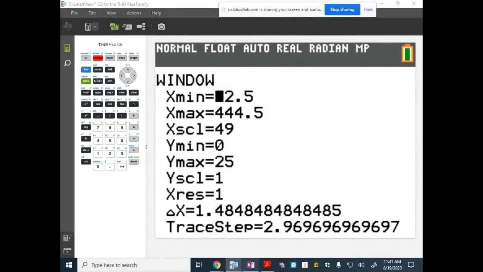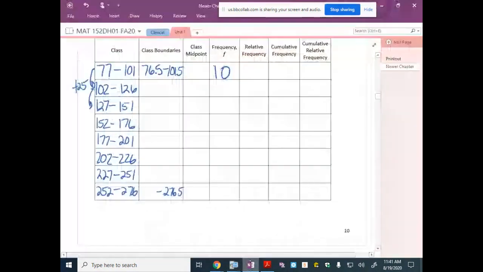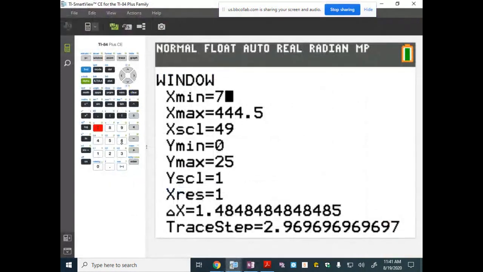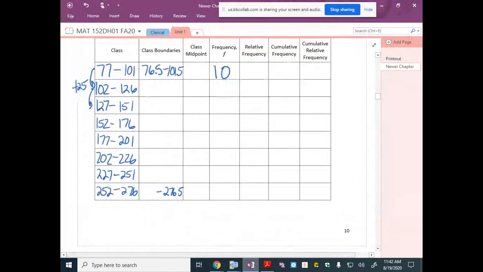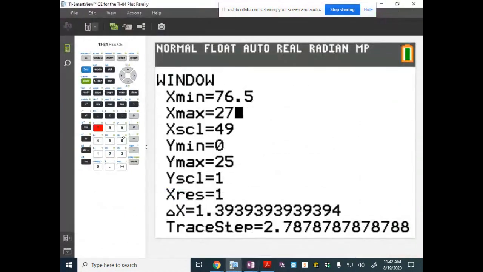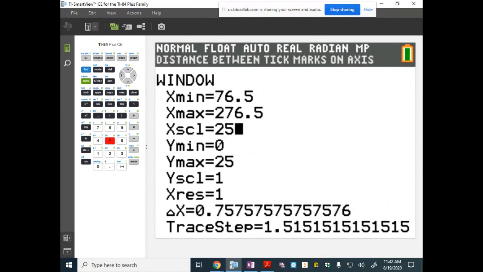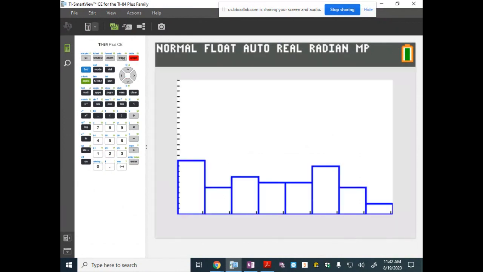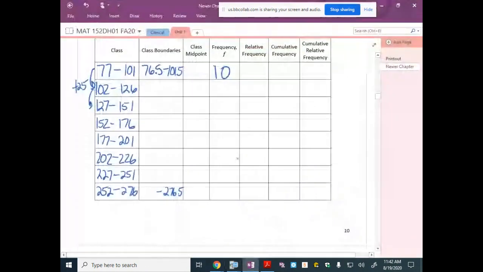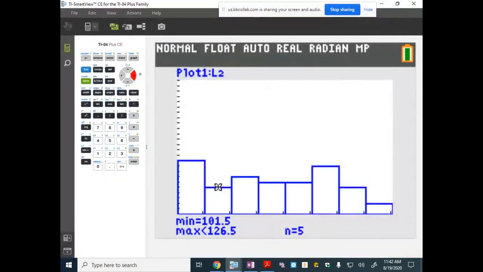And for the window values, I'd start off at 76.5, and I would end it at 276.5 with a scale of 25. Now, if I were to graph that, see I have 10, 5, and yeah, see, you are allowed to do it this way.